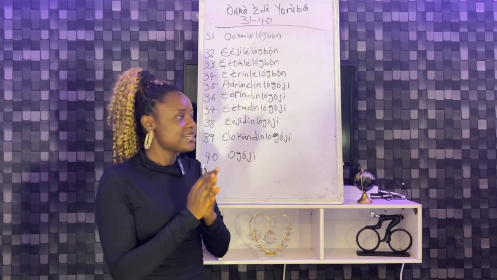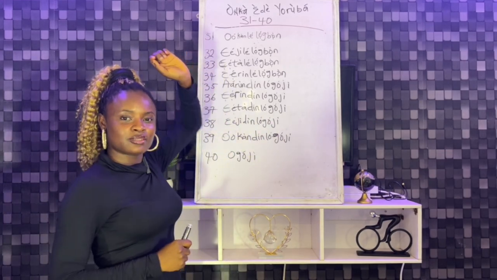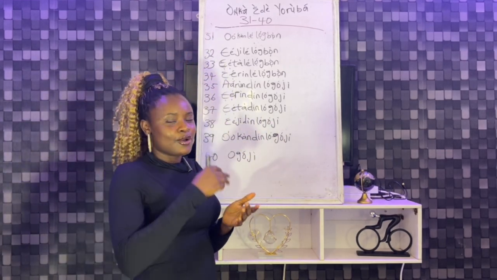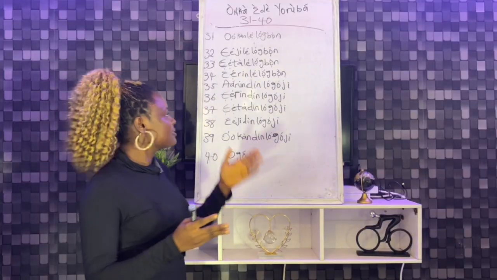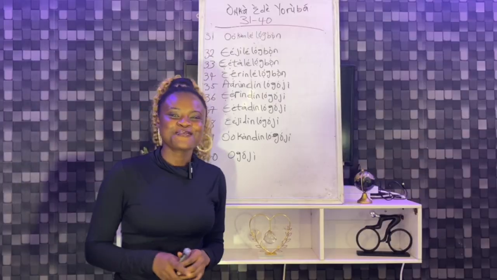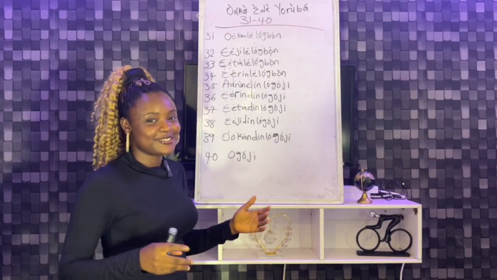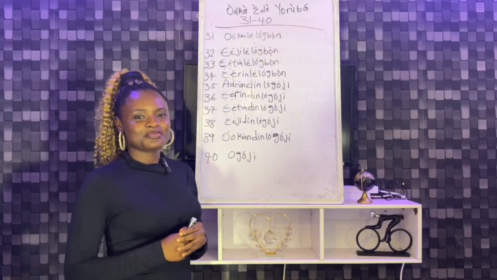That is 40, right? So, àrùndínlógójì. That is 40 minus 5. And that gives us 35. It's very, very simple. Like, seriously. Kò lọ far.